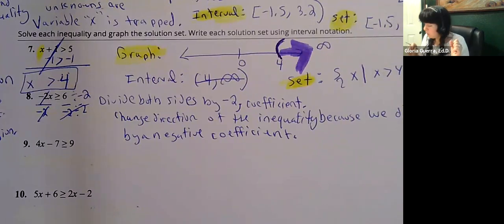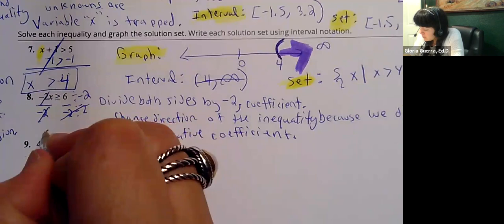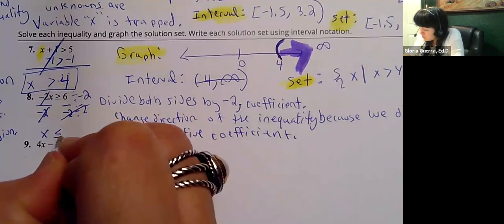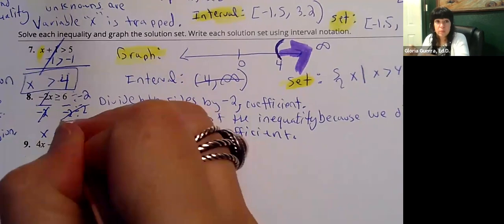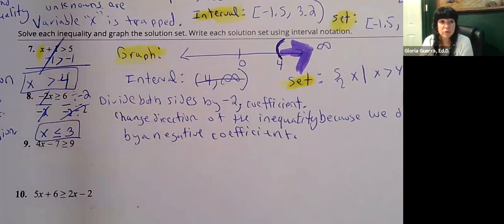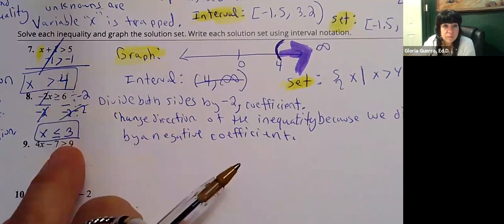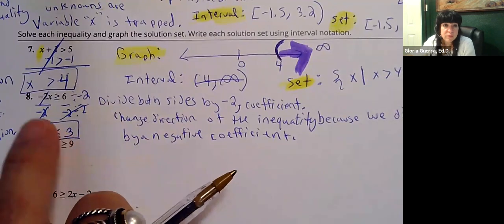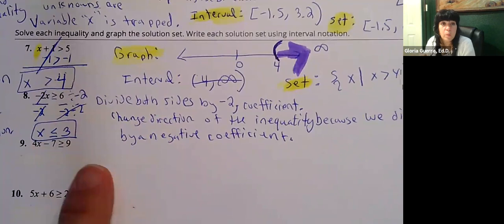Change the direction of the inequality because we divided by a negative coefficient. So right here I'll have x is less than or equal to 3, because you have to change the direction of this inequality to the other direction, since you divided both sides by -2 to isolate the x.